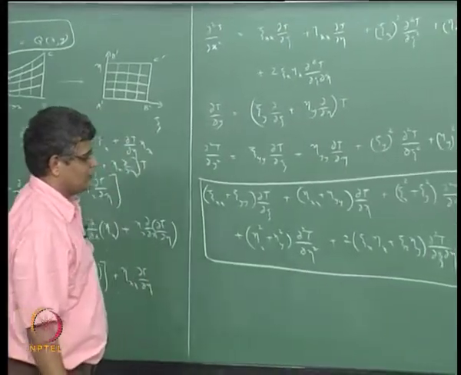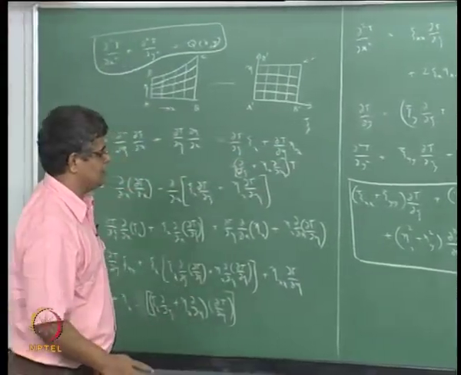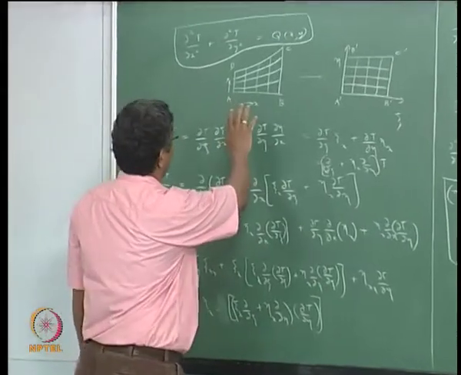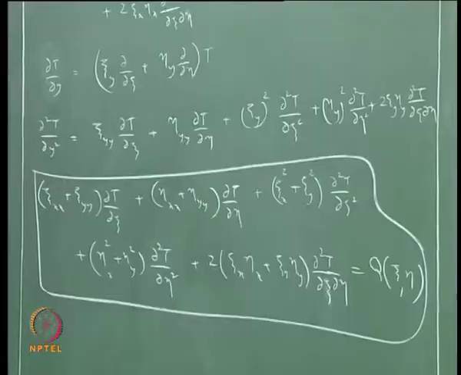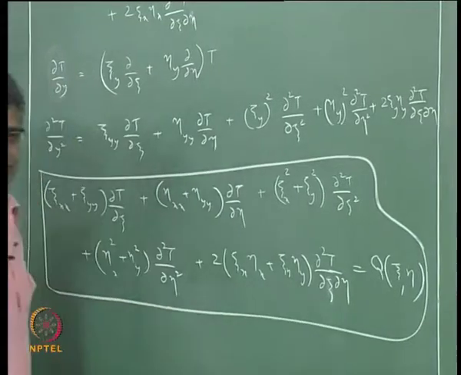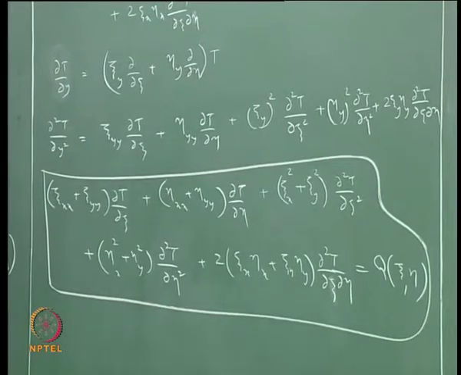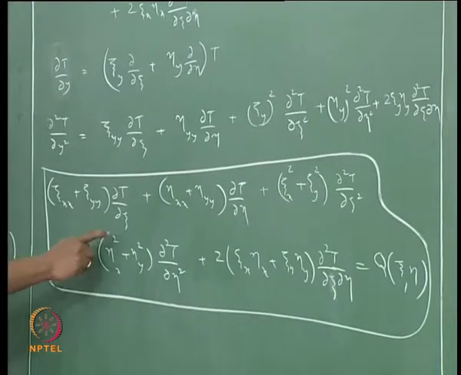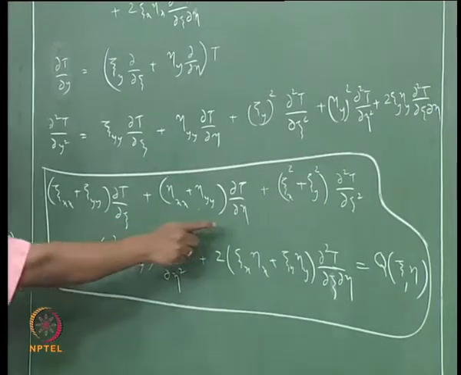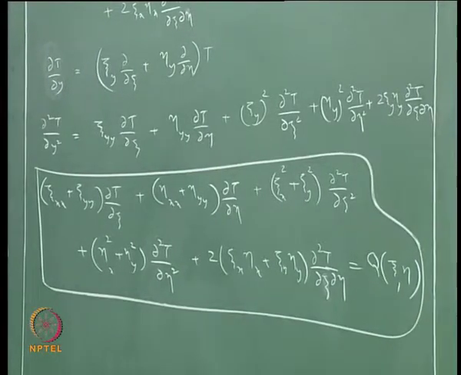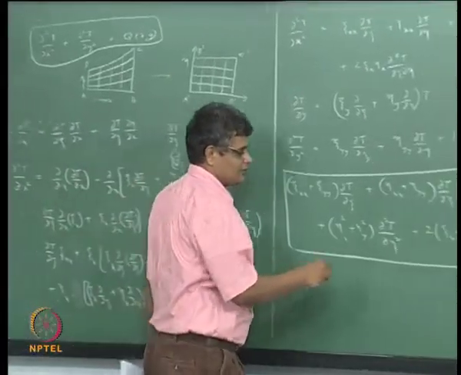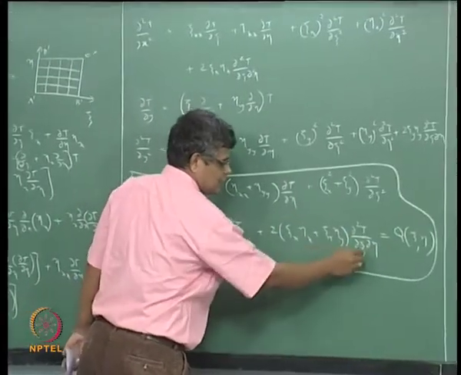Now, what is also important is that whereas in the original equation we have only normal derivatives, here we have a cross derivative term which is coming here. And we have these first derivative terms which are not there in the original, but what is especially important is the cross derivative term.